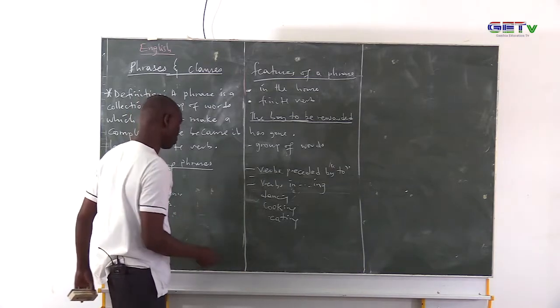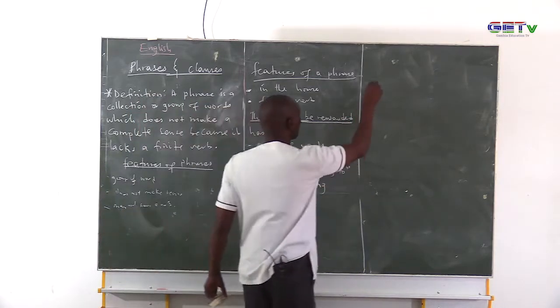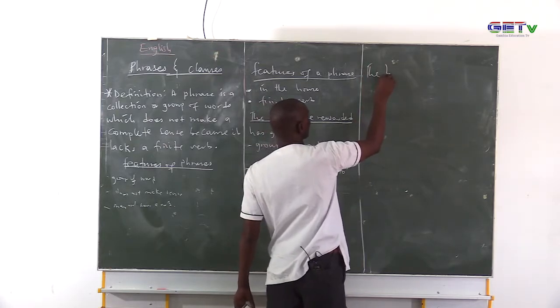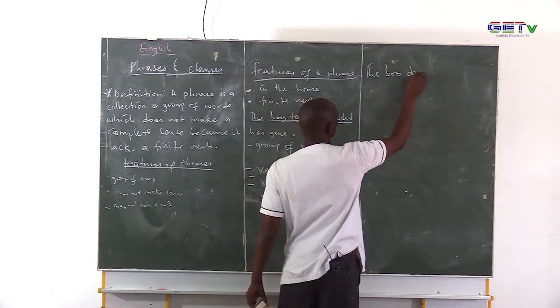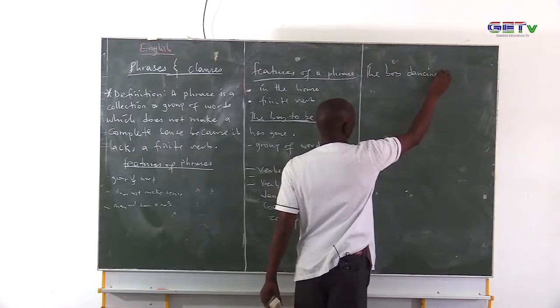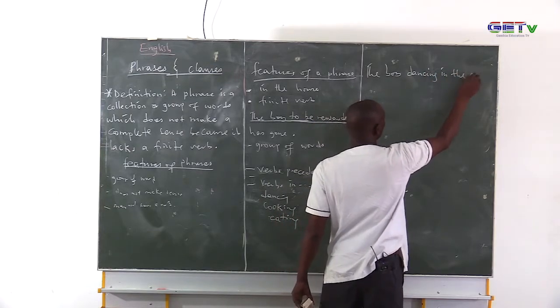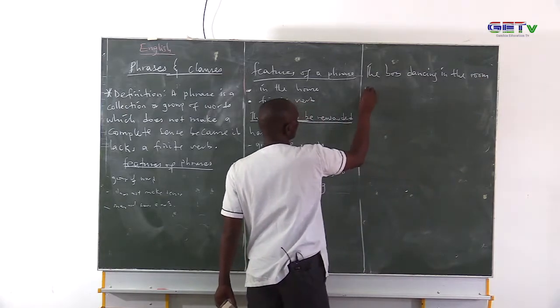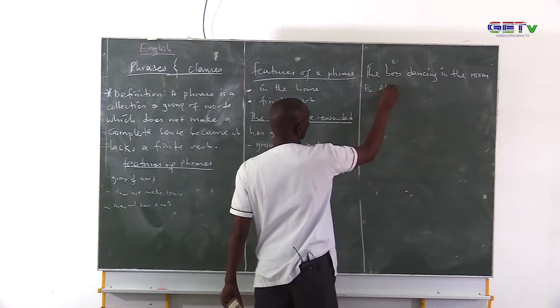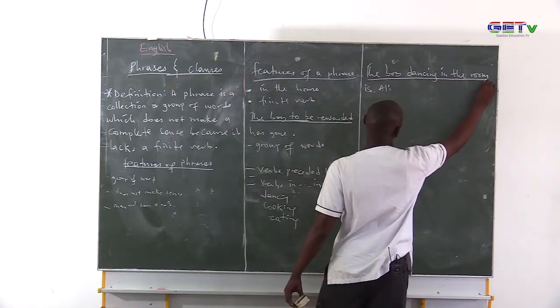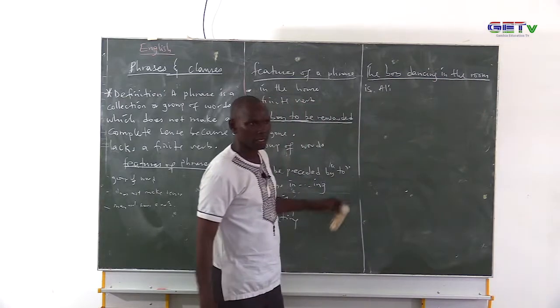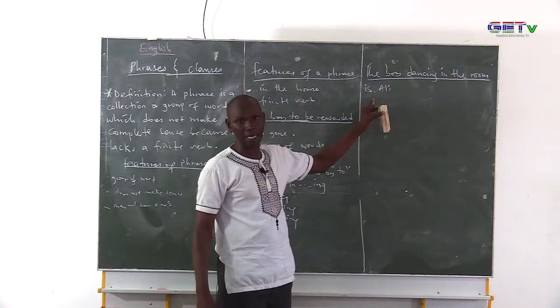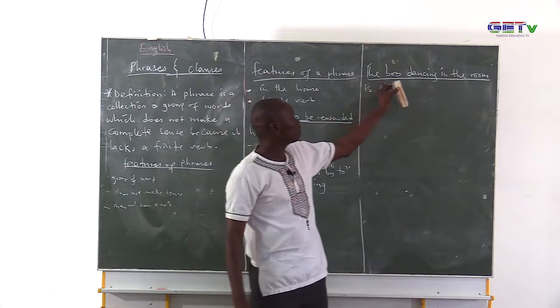Let's look at an example. Assuming we have the boy dancing in the room is early. Now, the boy dancing in the room is underlined. Here, the boy dancing in the room.